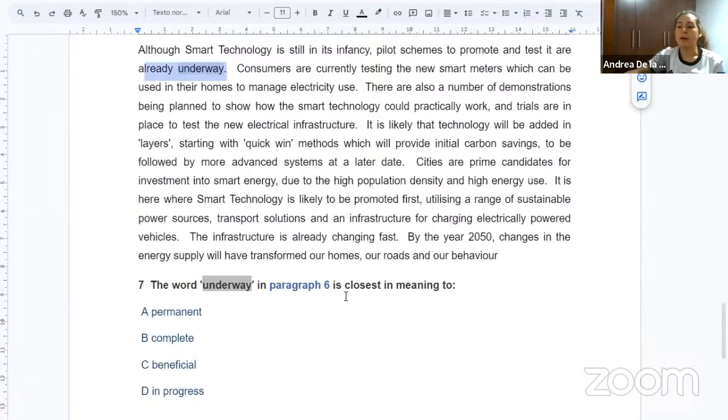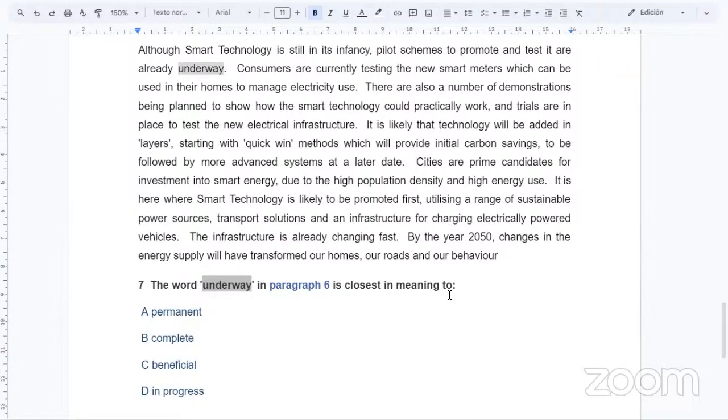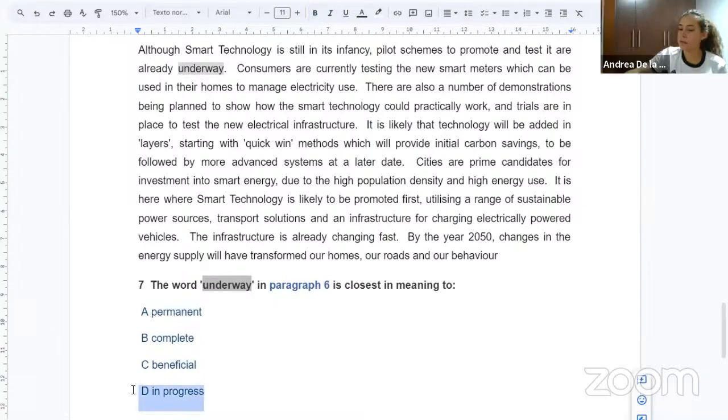The word underway in paragraph 6 is closest in meaning to. Tell me what you think is the closest one. I think it's letter D. Yes, me too. Letter D.